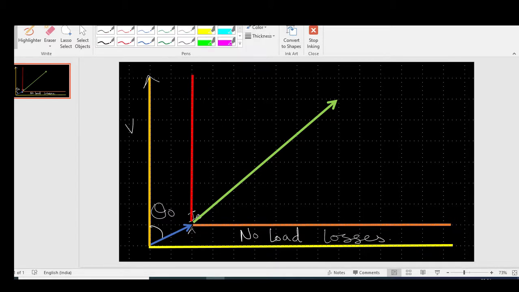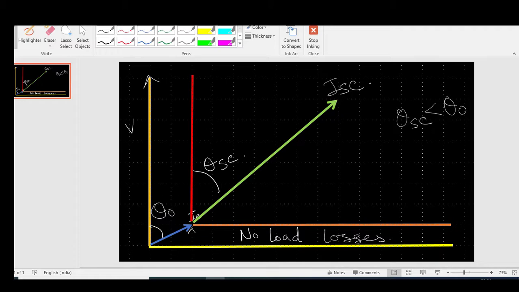With that, this is our ISC and this angle is theta SC. Clearly, we can expect theta SC is less than theta naught, because the magnetizing branch is obviously more reactive than the series branch.